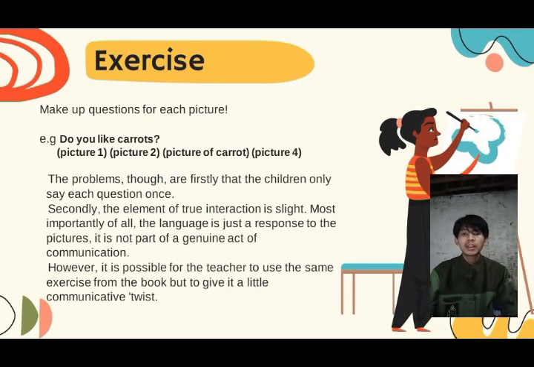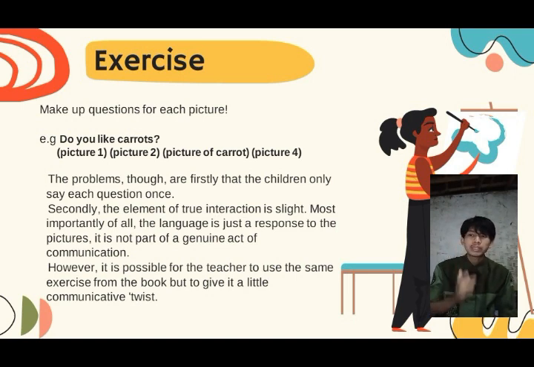Hello, my name is Vika, and this time I will continue the previous presentation of Ima. I will be presenting the exercises of real interaction and communication offered by the course book. The first exercise is about making a question from a picture.